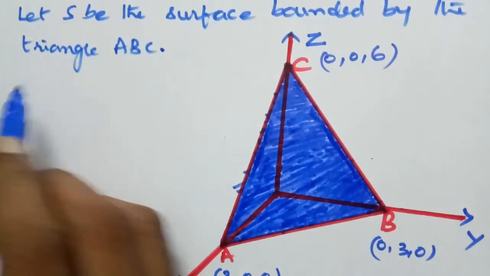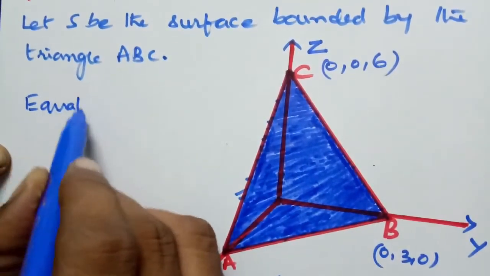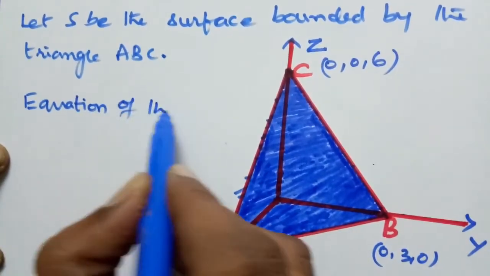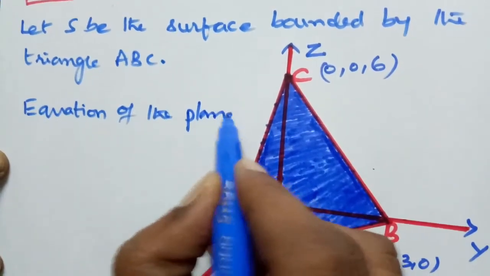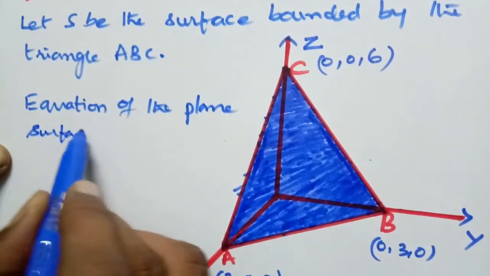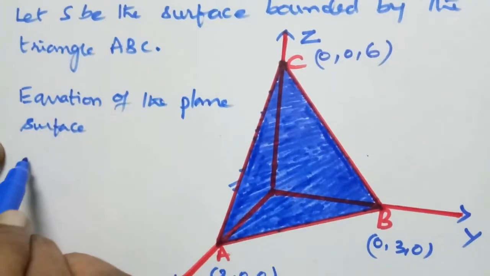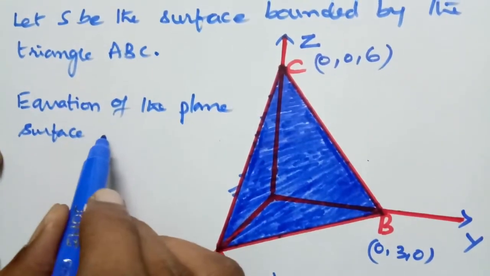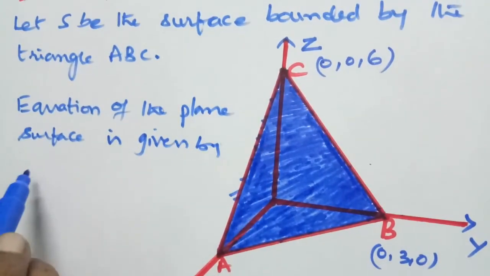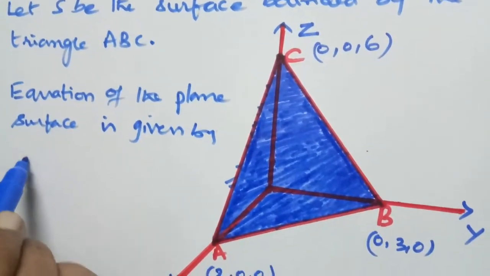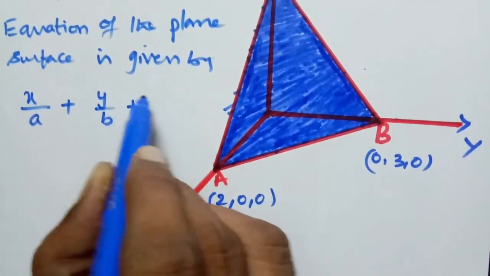Therefore, here the equation of the plane surface phi is given by, in the intercept form, x by a plus y by b plus z by c equal to 1.